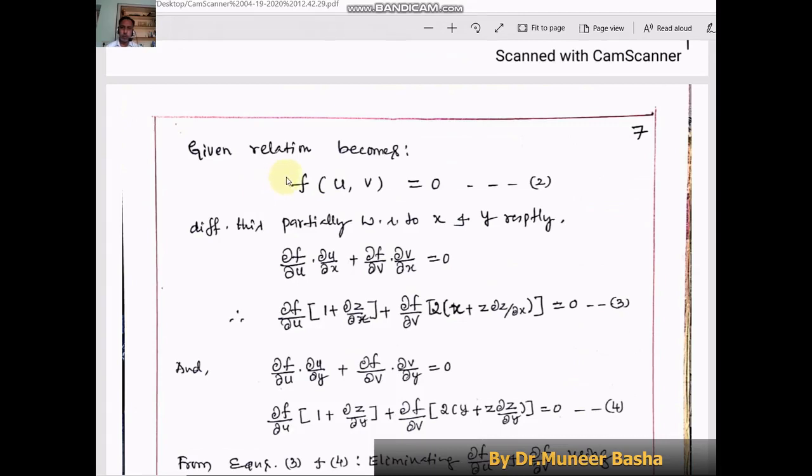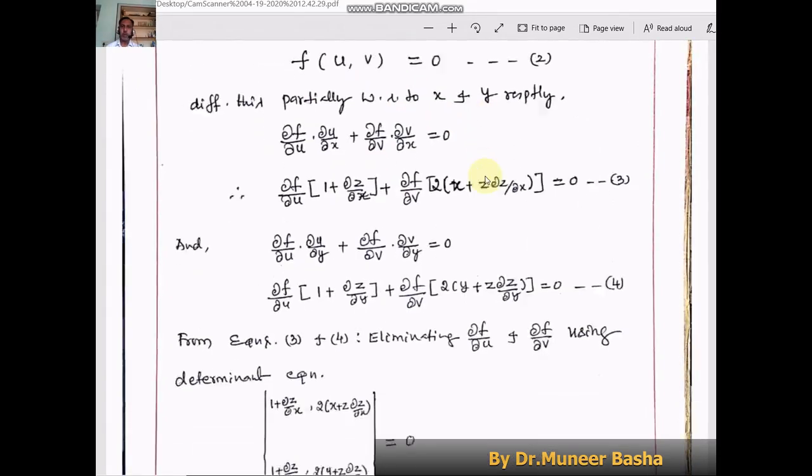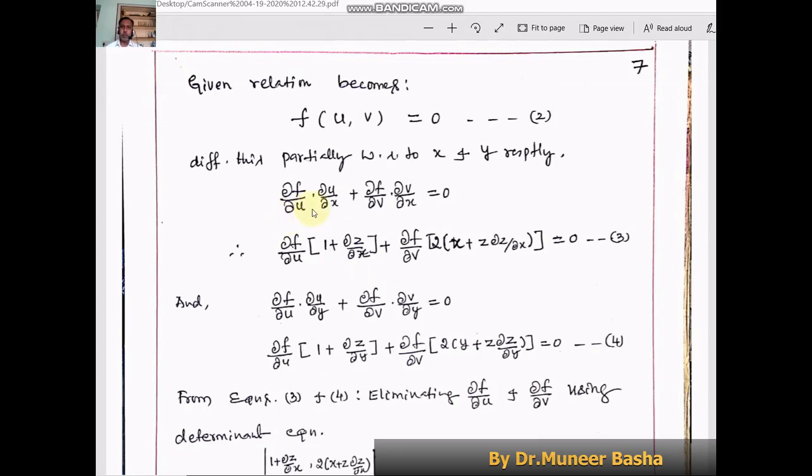Now the given relation is in the form of f of (u, v) is equal to 0. Now this relation f of (u, v) will be differentiated partially with respect to x and y. F derivative with respect to x: it is a function involving u and v.